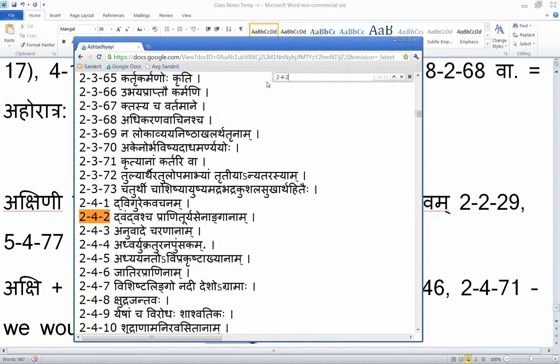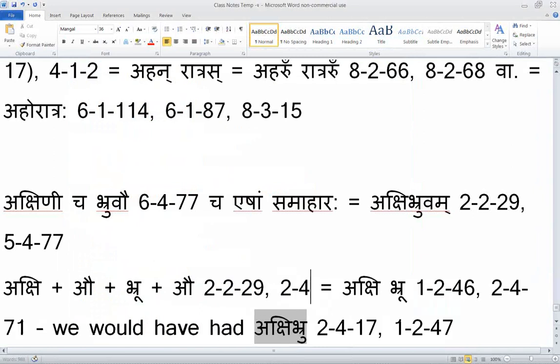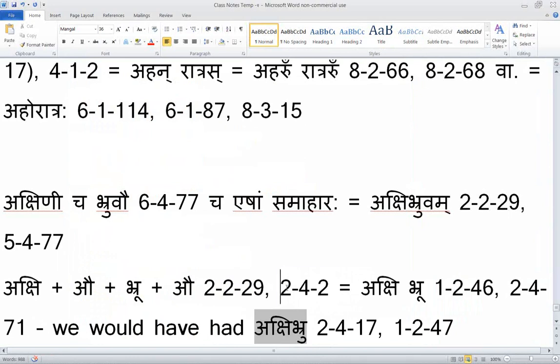Eyes and eyebrows are parts of the body, so it has to be only Samahara. Remember that.